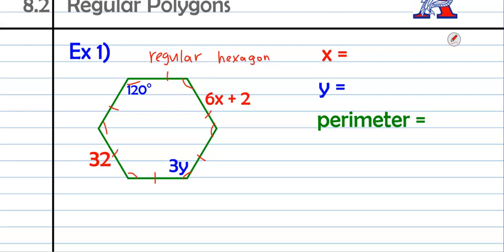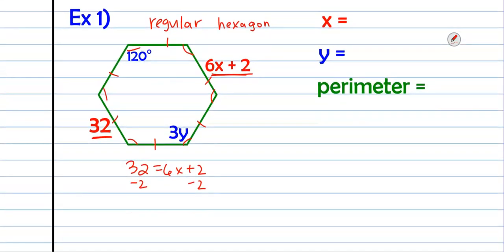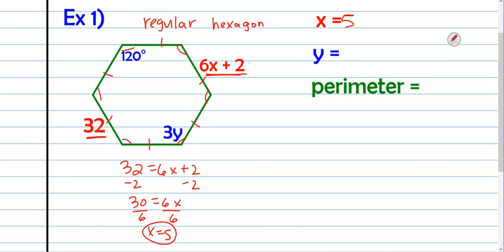All right, so if the sides are congruent, then 32 is equal to 6x plus 2. And if we go ahead and solve that, we're going to end up with 30 equals 6x. Divide by 6, and x is equal to 5. And then we can hop over to y.